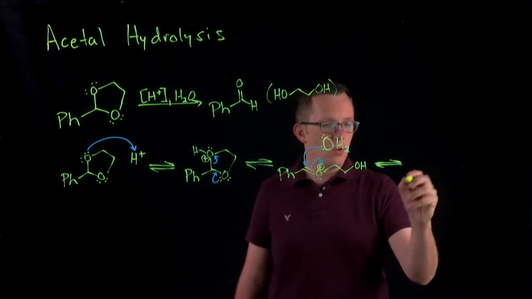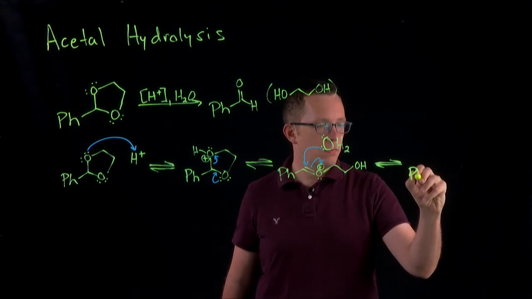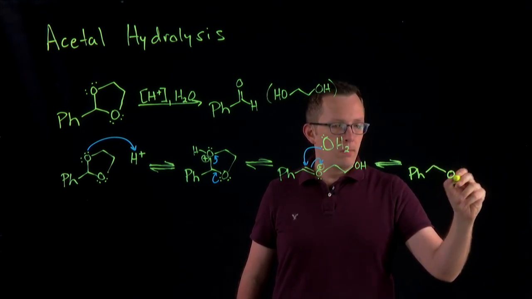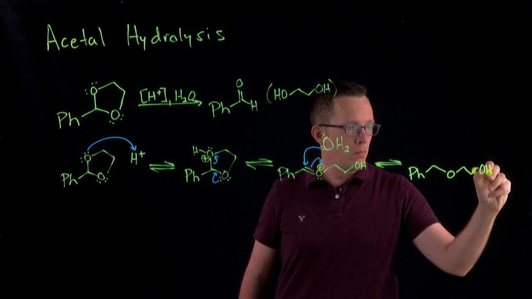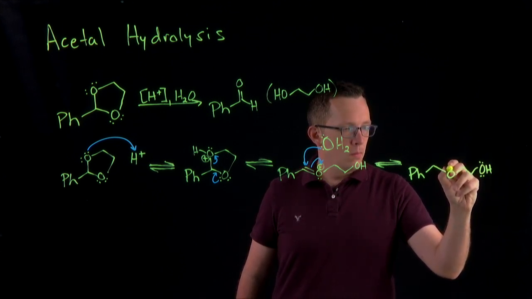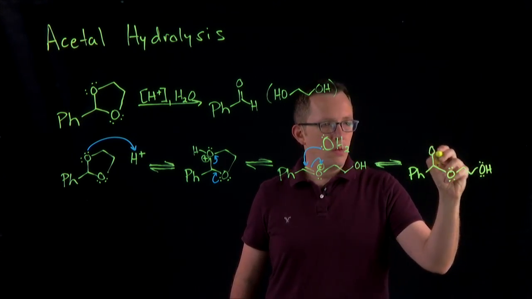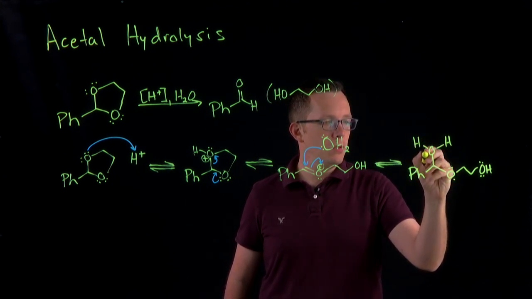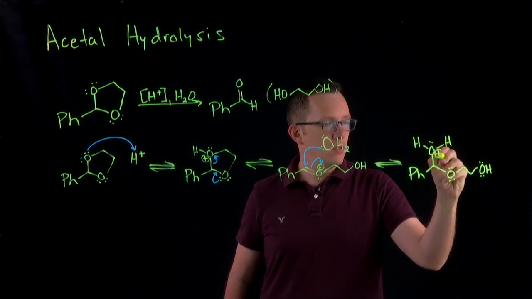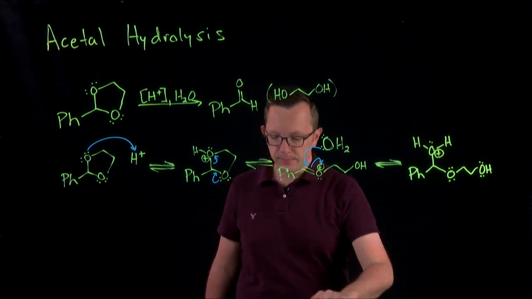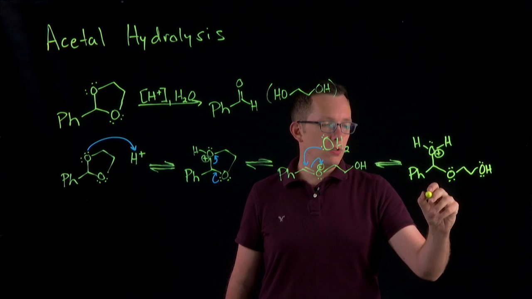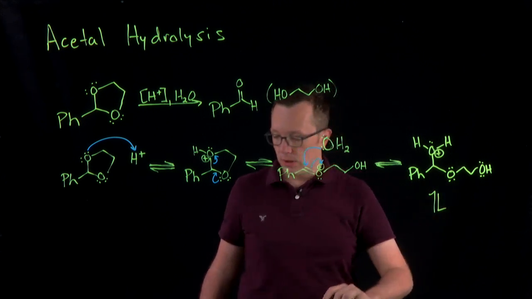This leads us to our next intermediate, where we have our water molecule with a bond to carbon, and it is still positively charged. Next step of the mechanism will be a proton transfer to get to a neutral structure.